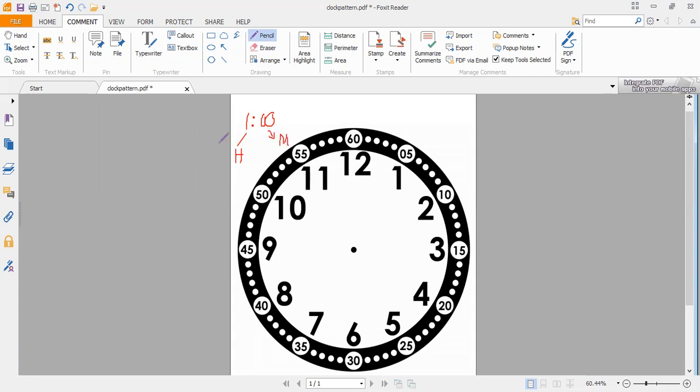Okay, so if you want to draw the hands on the clock, you start by reading. This is 1 o'clock. This is for the hour, and this is for the minute. This is for the hour hand, and this is for the minute hand. So I start by drawing the hour hand. The hour hand points to one, so I draw the short hand pointing to one.